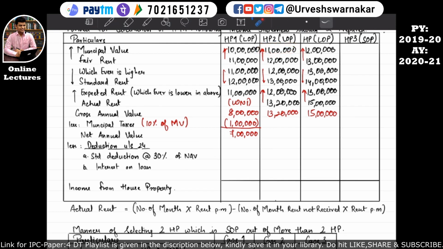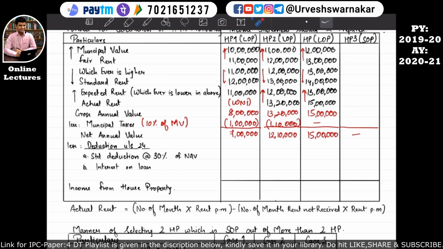So 10% of 11 lakhs is equal to 1,10,000. I hope this is also quite clear. So the net annual value of house property 2 is 12,10,000. But in case of the house property which is constructed, municipal taxes will not be allowed as deduction. So the net annual value will be equal to 15 lakh. I hope this is also very much clear to you all. And net annual value for house property 3 will be 0. I hope this is quite clear.